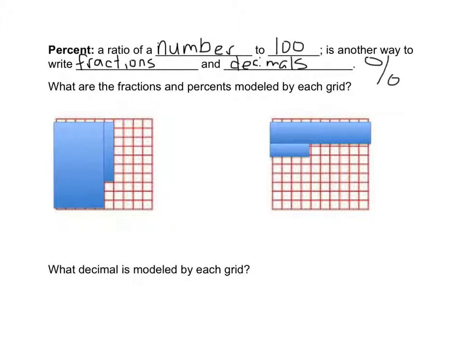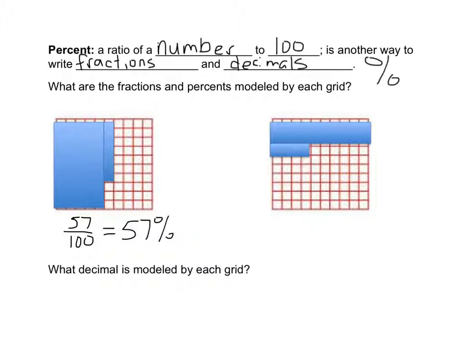So this would be 57 out of 100 blocks that are covered, and since a percent is just a ratio of a number out of 100, that's the same as saying that 57% of the blocks are covered.